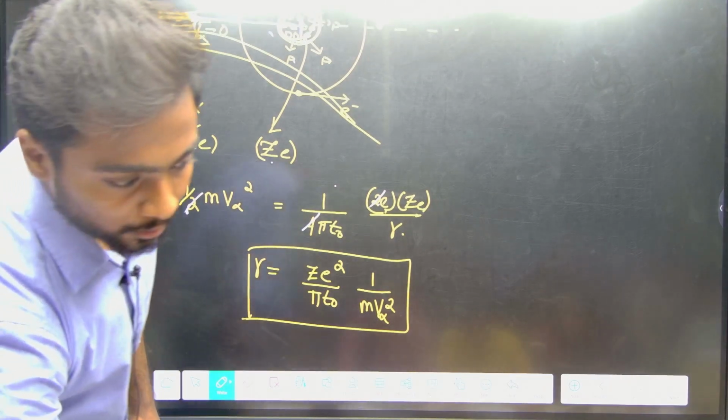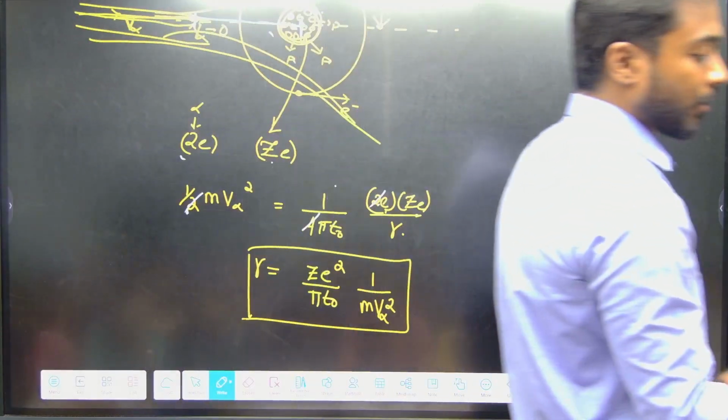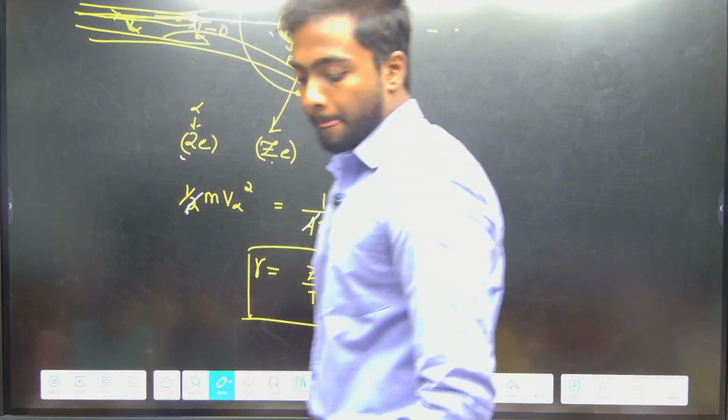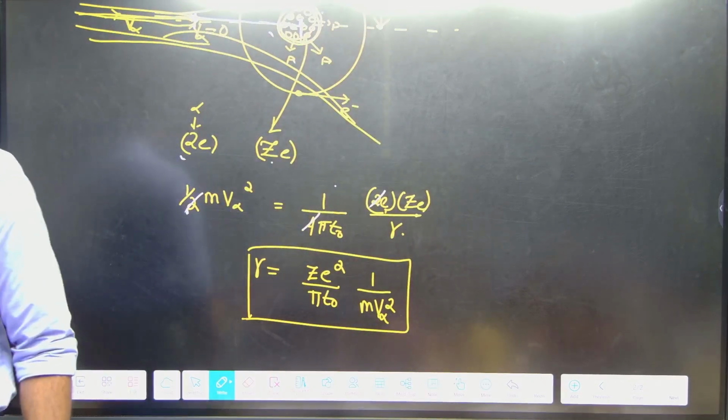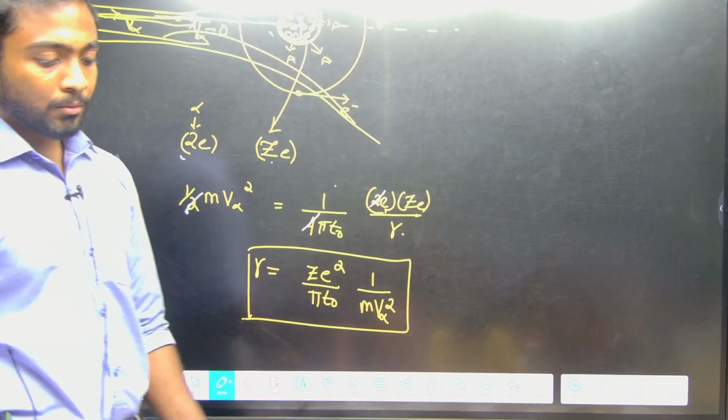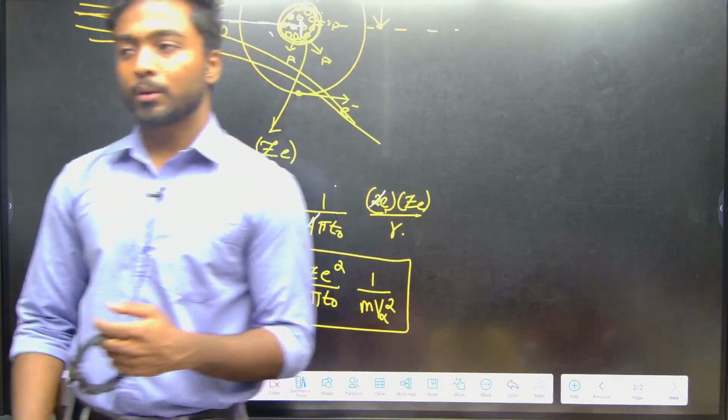Write on the next topic, Bohr's theory. So now we have discussed the alpha particle. Now we will discuss the electron.